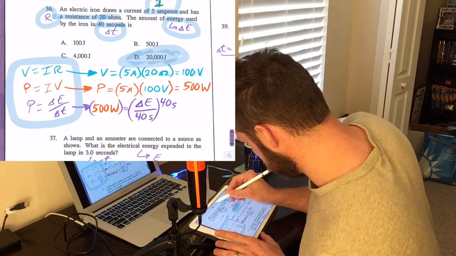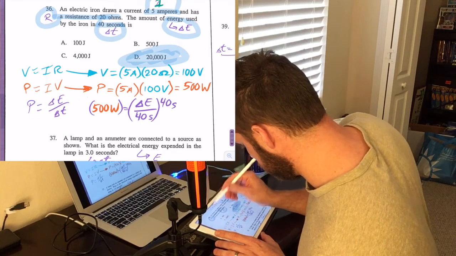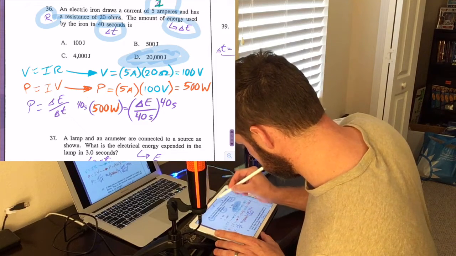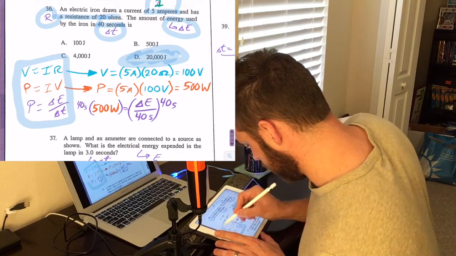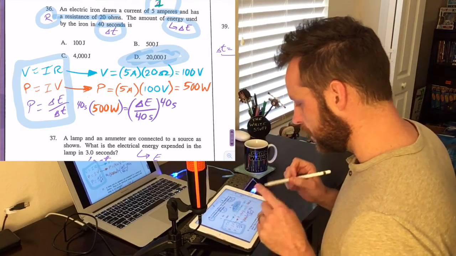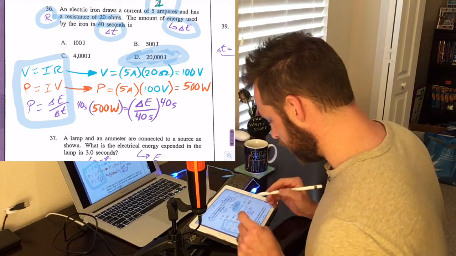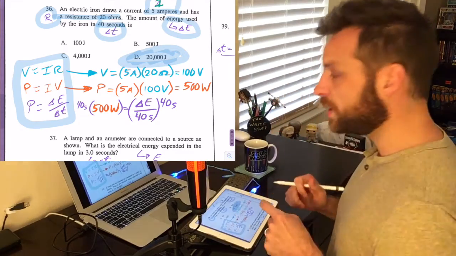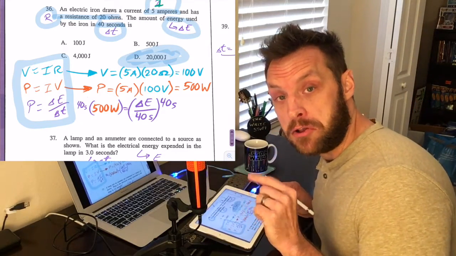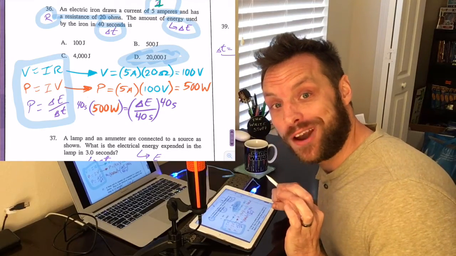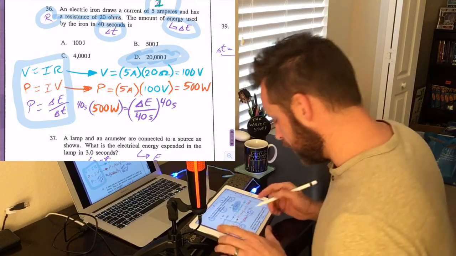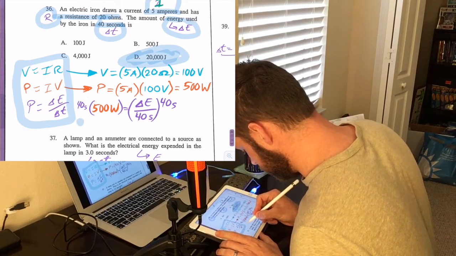So, I need to give myself some space. Let's get rid of this arrow. Bye, arrow. And 40 seconds. Then I lost my little box. So there's box. Box is back. Now I need to do 40 times 500. And I don't know 40 times 500, but I do know 4 times 5. So let's see if we can do this without a calculator. 4 times 5, 20.